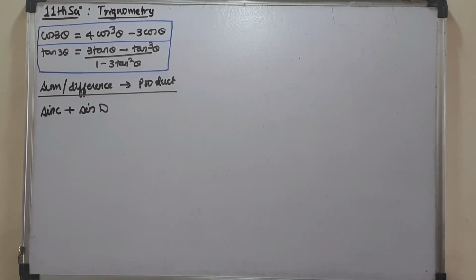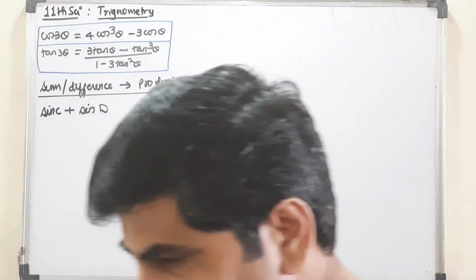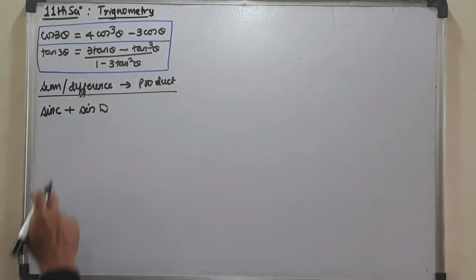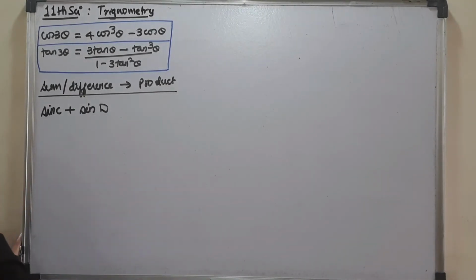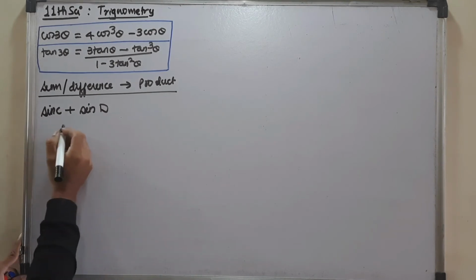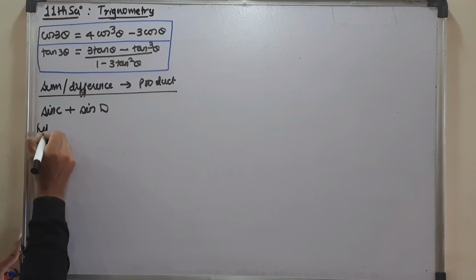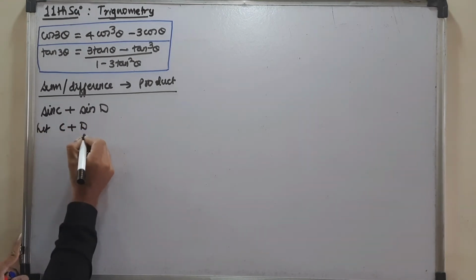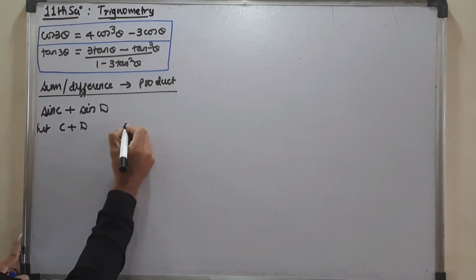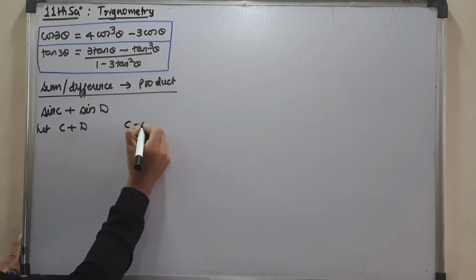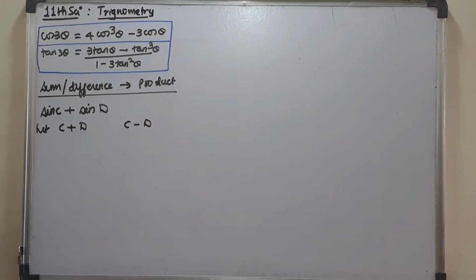That is why what we do is, I add C and D and see. I will do one thing, C plus D I will add, and I will also subtract and see what happens, C minus D.